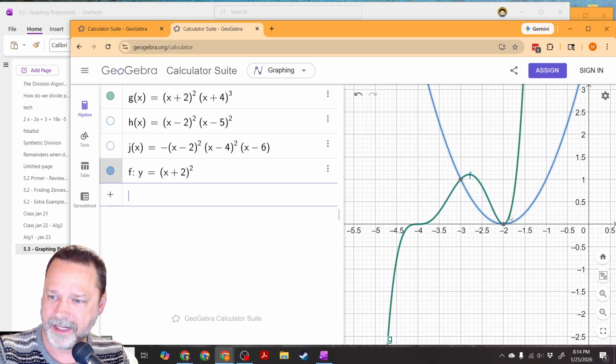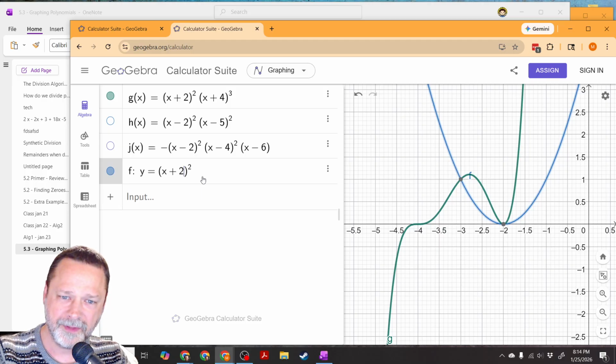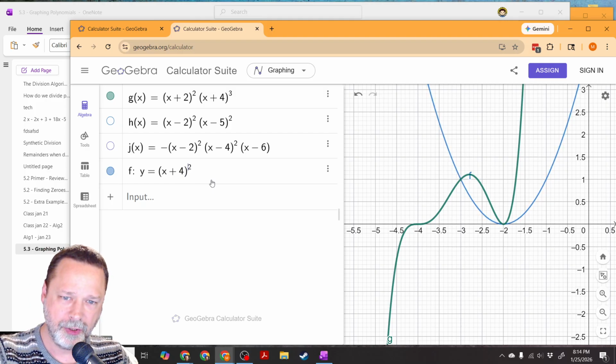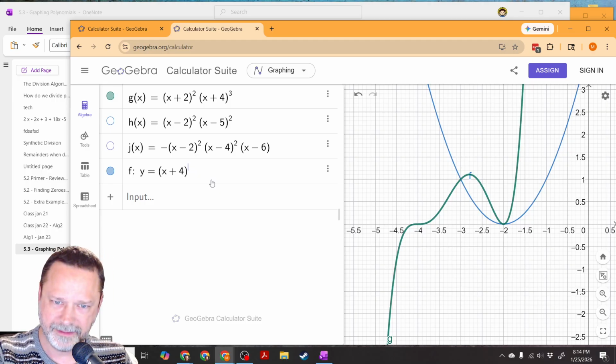It is a parabola right there. This one is a little bit more narrow, more scrunched in because of the x plus 4 cubed as well, but you do have that same kind of shape there. And if you had x plus 4 cubed, you're going to have a cubic at -4, 0.